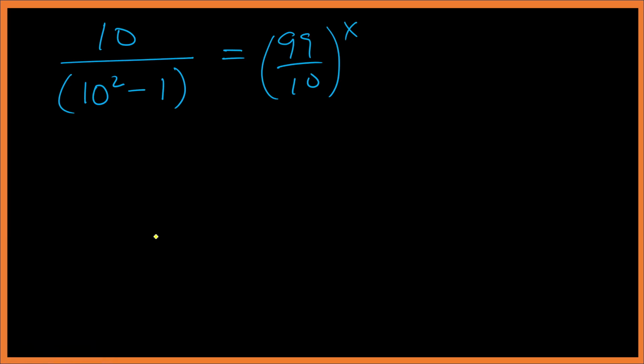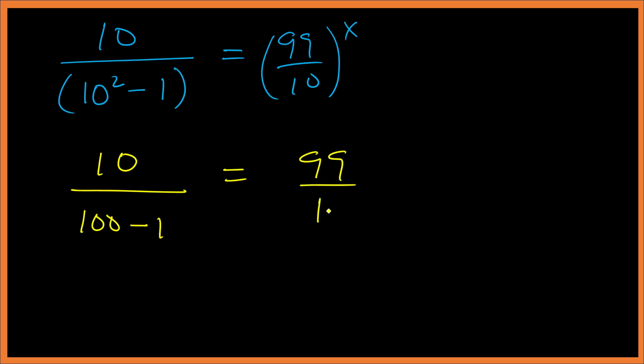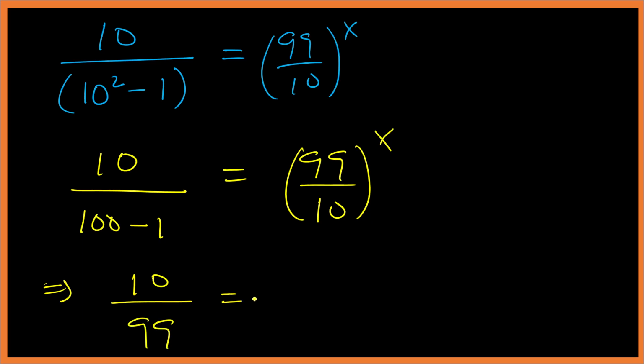So from here we have 10 on 10 squared is 100, minus 1 equals 99 on 10 raised to x. Now 100 minus 1 will be 99, so 10 over 99 equals 99 over 10 raised to x.